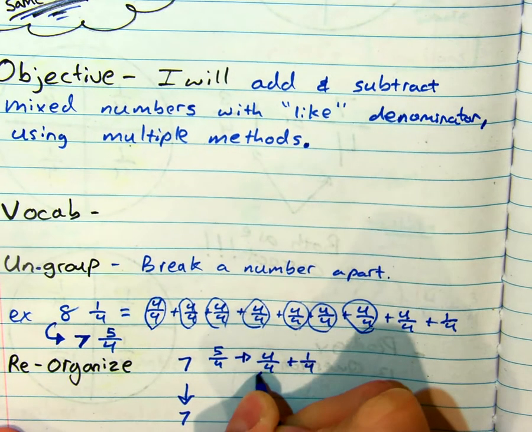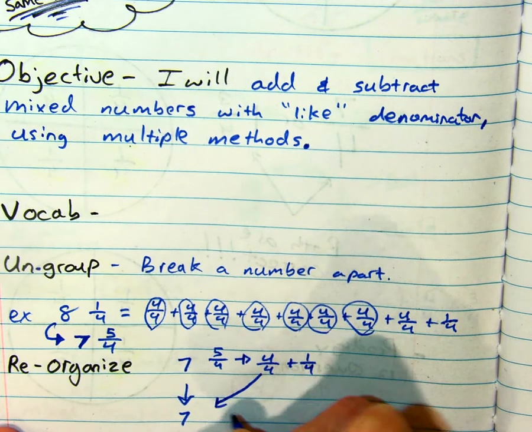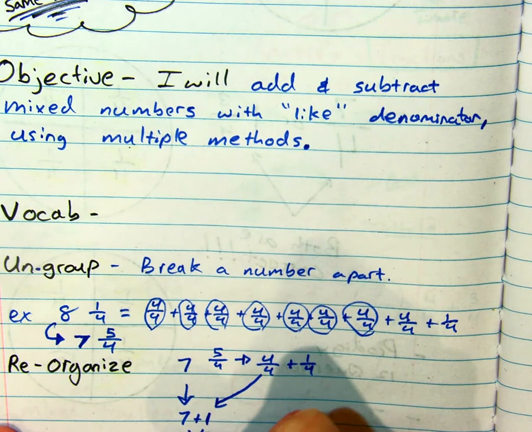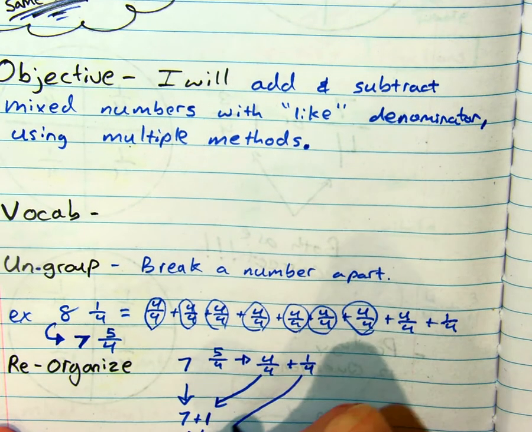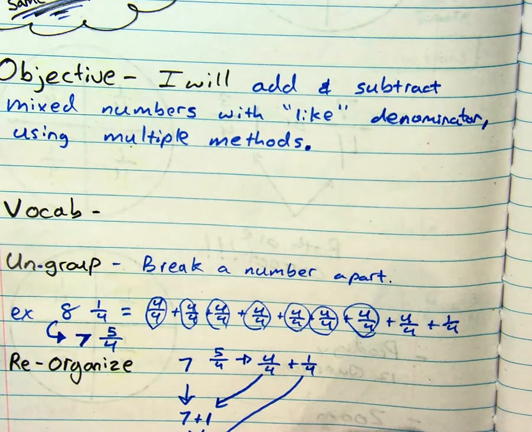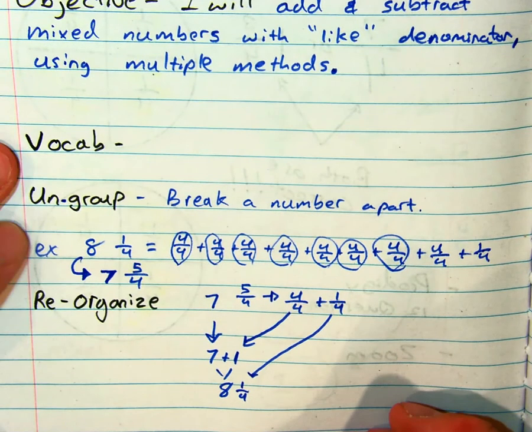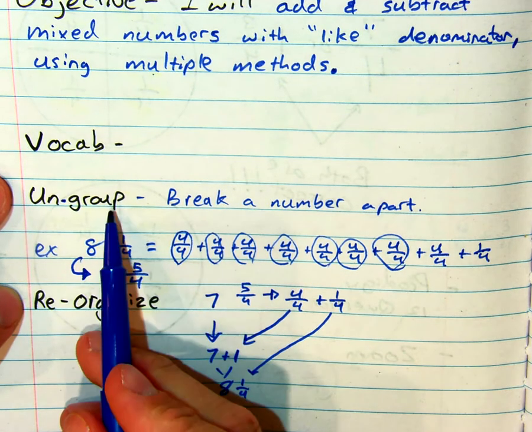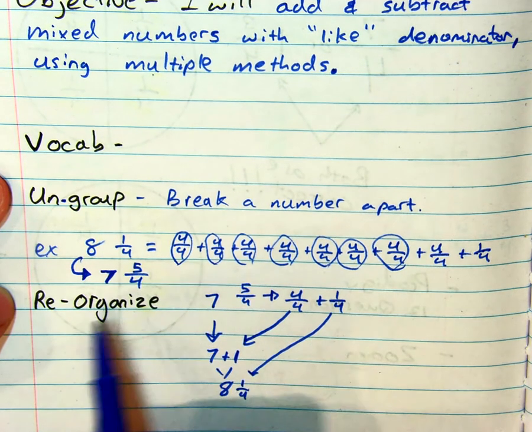I can send that 4/4 to my 7 plus 1. I get 8. And then I can bring down that quarter. So think of ungrouping and reorganizing as ways to undo and redo. All right? So ungroup, break a number apart, reorganize, put it back together.